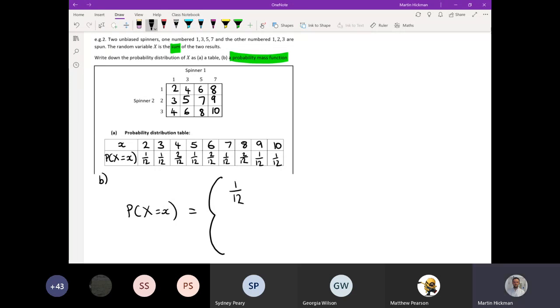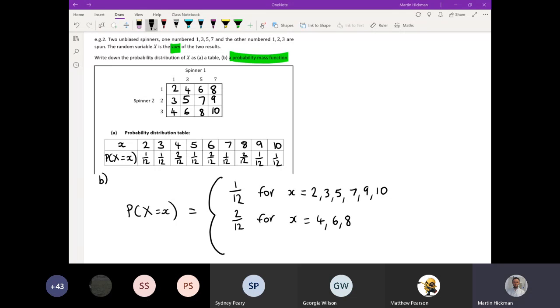So the probability could be a 12th, and that happens when x equals 2, 3, 5, 7, 9, or 10. Okay, when I put in those values of x, I get a probability of a 12th. The probability can equal 2/12, and that's when x equals 4, 6, and 8.